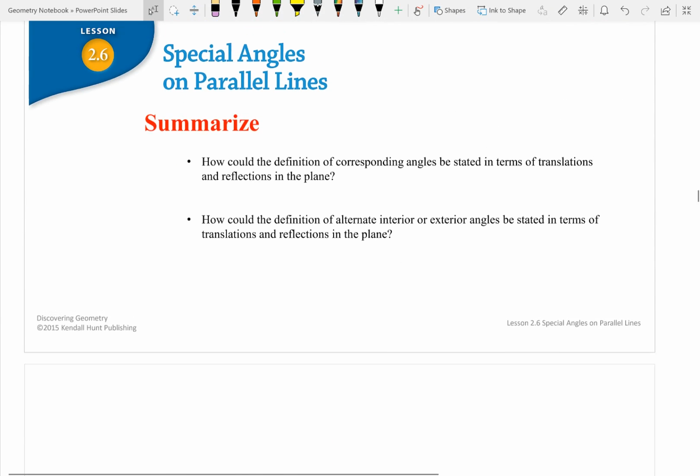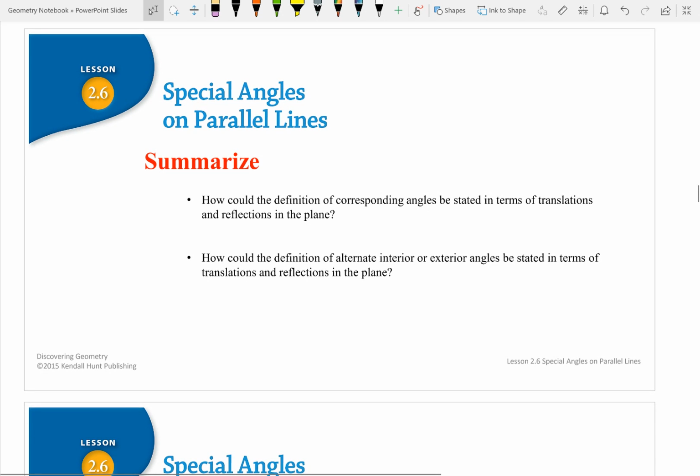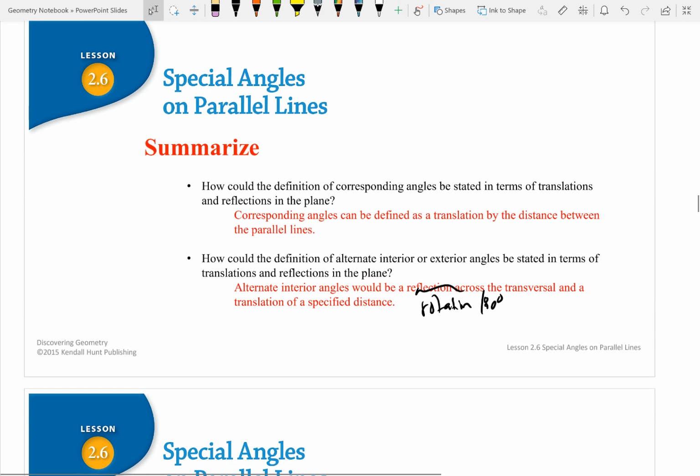Okay. Summarize. How could the definition of the corresponding angles be stated in terms of translations or reflections of the plane? And there you go. How could the definition of alternate interior angles be stated in terms of translations or reflections of the plane? Okay. And so corresponding angles can be defined as a translation by the distance between parallel lines.